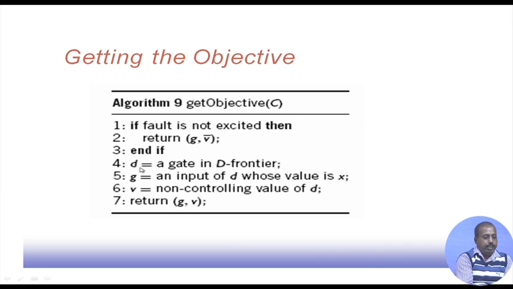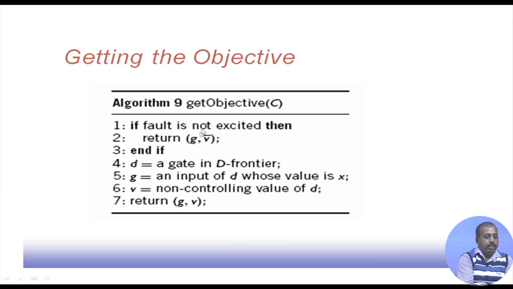We find a gate d which is in the D frontier, and g an input of d whose value is X. Then the objective becomes to set this line to the non-controlling value v. Depending upon the gate that we have, we find out the non-controlling value for the gate, and the value that we need to set is v. So, for gate g we need to put it to a value v. This becomes a new objective to be justified.